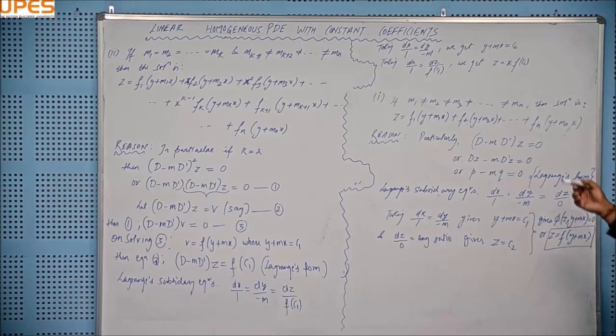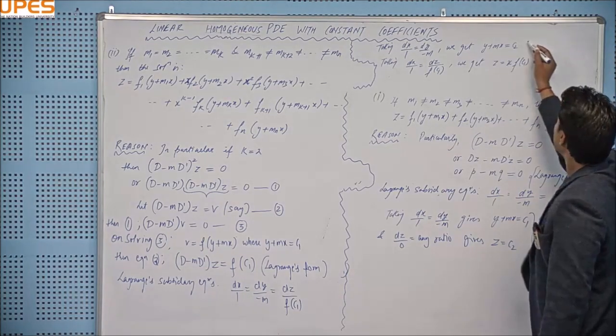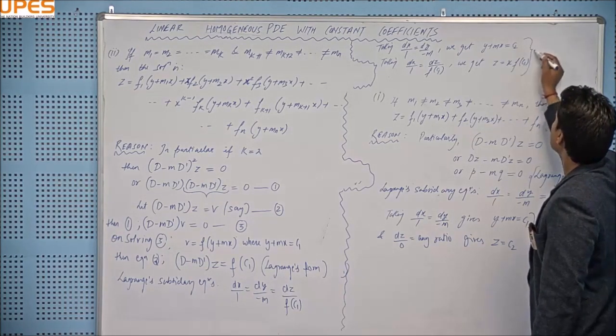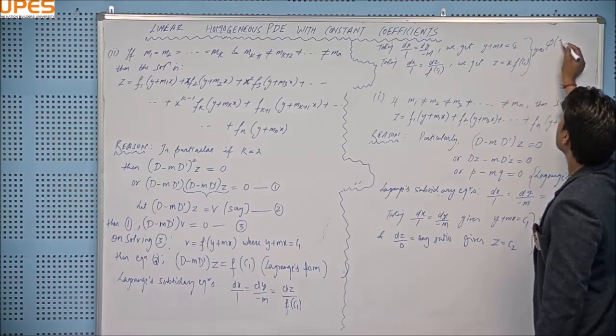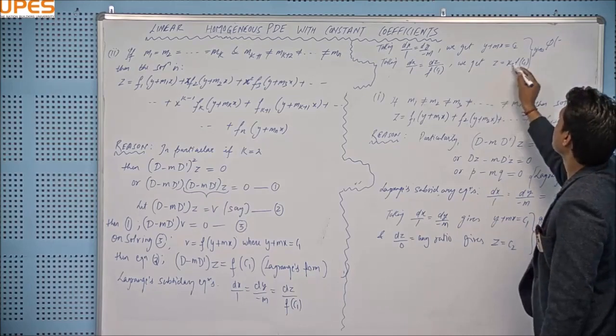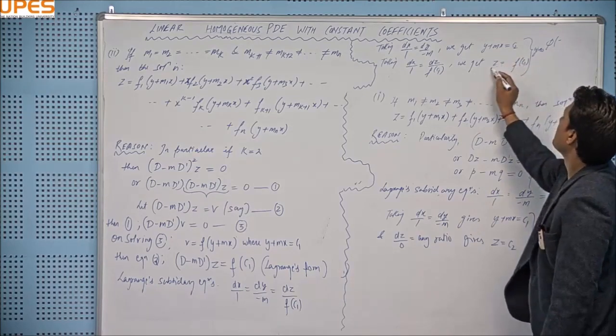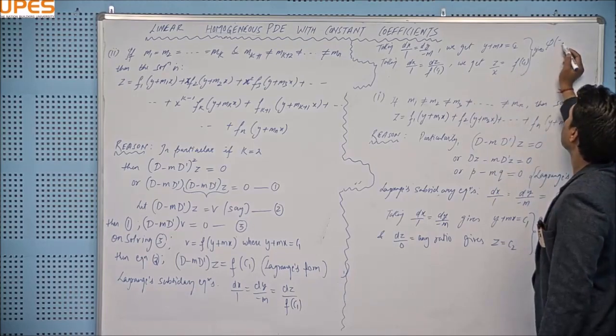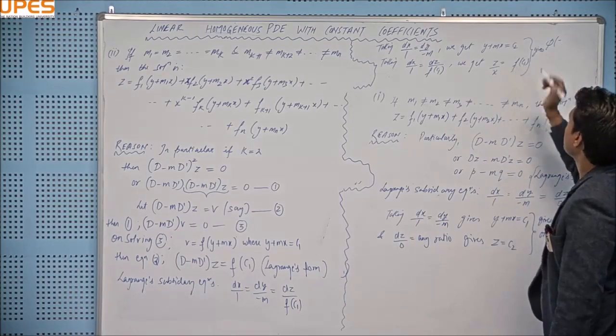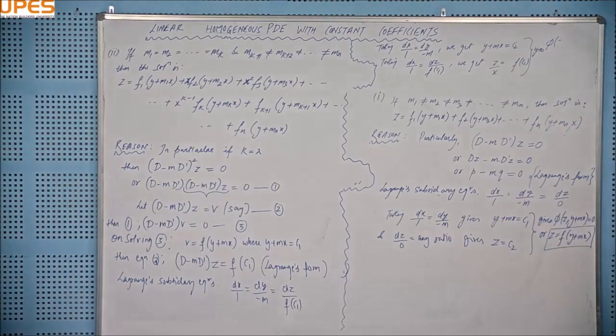And now from these two, the solution is in this form: phi, and within brackets we have z upon x, and there is a new constant.